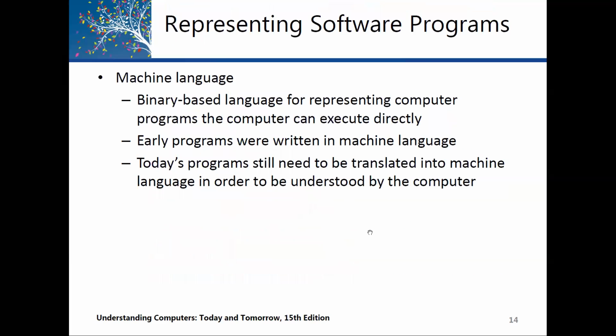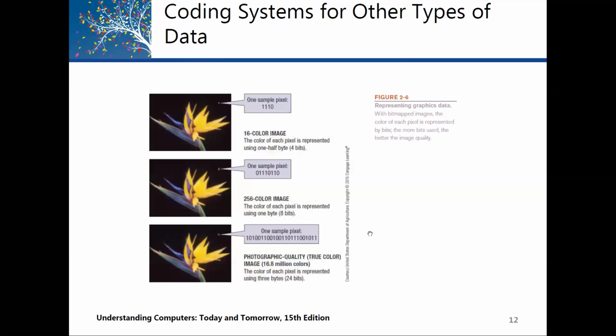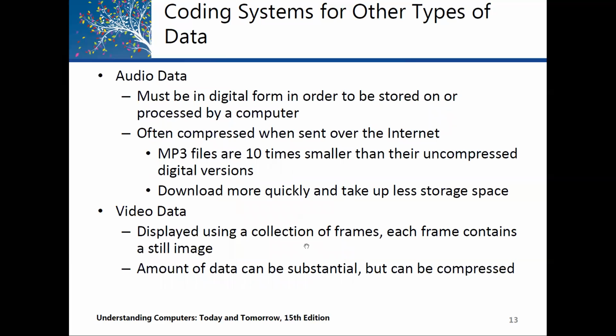Since in the previous slide we saw that one image in true color requires a lot of bytes to store on disk, for 1 second of video we require 24 or 30 images, right? So you can see for a 2 hour or 3 hour movie, how many images and frames there are, and then audio data is also there. That means we require a huge number of bits in order to store the data.